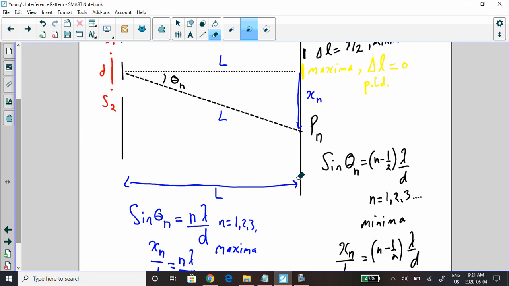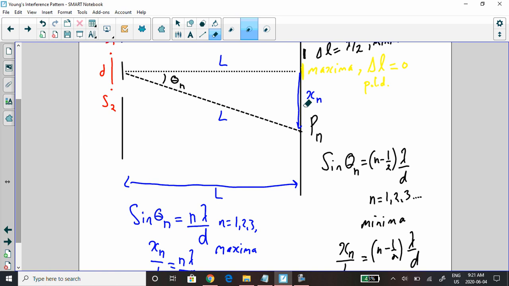Where would they be? Now, if you don't want to describe the position of a maxima or a minima in terms of an angular measurement, let's say you want to describe the position of a maxima, bright area, or a minima, dark area, in terms of how far it is from this right bisector between the two slits. How far is it from here to point Pn, a point on any minima, a point on any maxima?